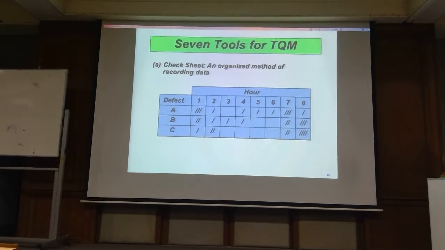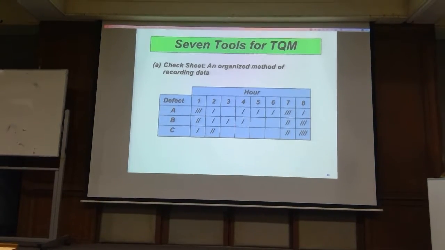about the abnormal pattern. For example, in this case, if you look more carefully, you can see that the problem might have occurred around hours 1 and 6, 7 and 8.